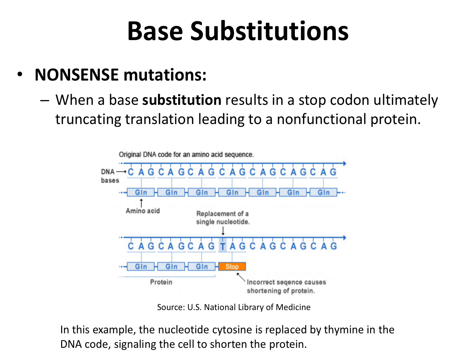So you again check the highlighted region. Cytosine is being replaced by thymine in the DNA code, signaling the cell to shorten the protein. So because of introduction of that one nitrogenous base, the stop codon is being coded, and that is what is happening. Because of this, the protein length is short because it codes for stopping the translation.